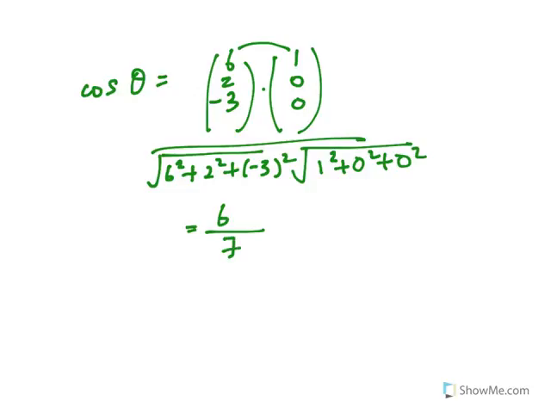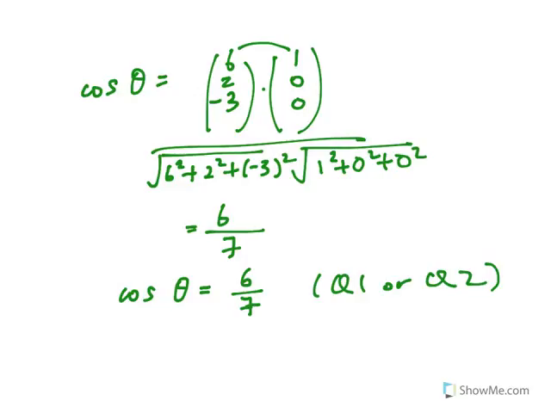So the cosine of the angle between OA and the positive x-axis is 6 over 7. This theta is a non-reflex angle, so by definition it has to be less than 180 degrees, which means it can only be in quadrant 1 or quadrant 2.